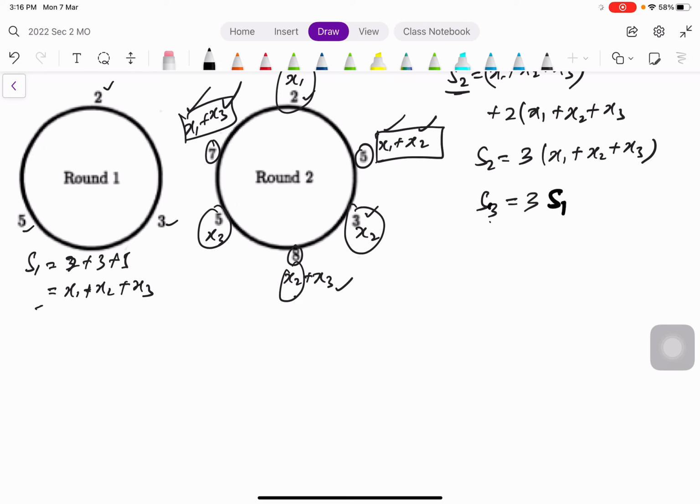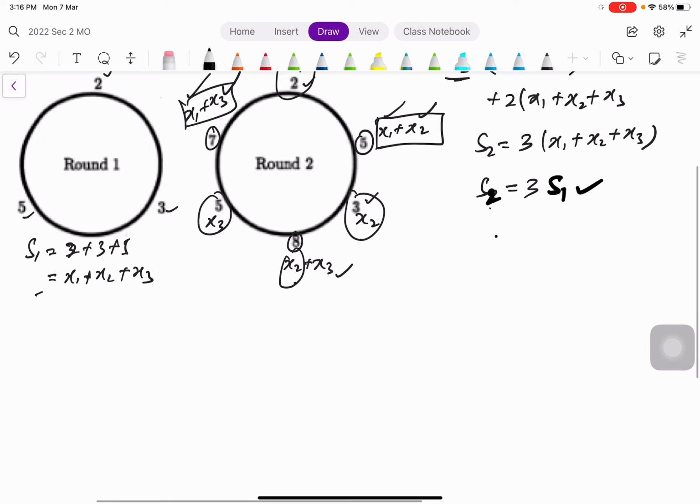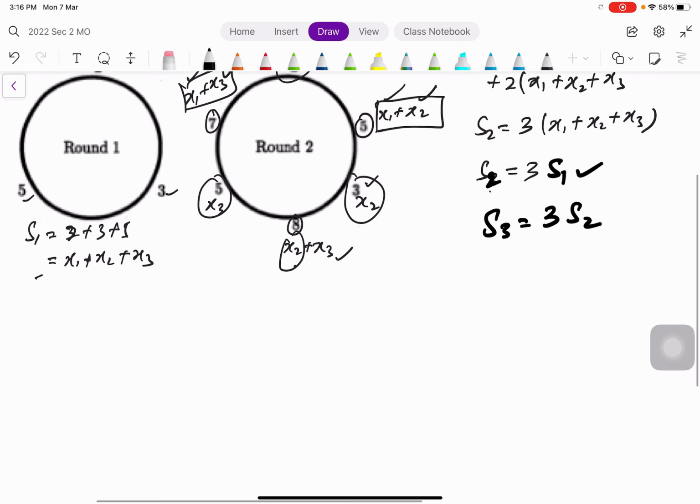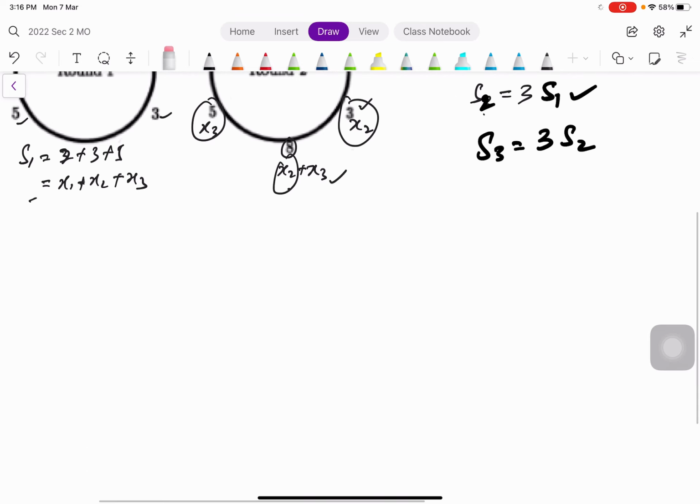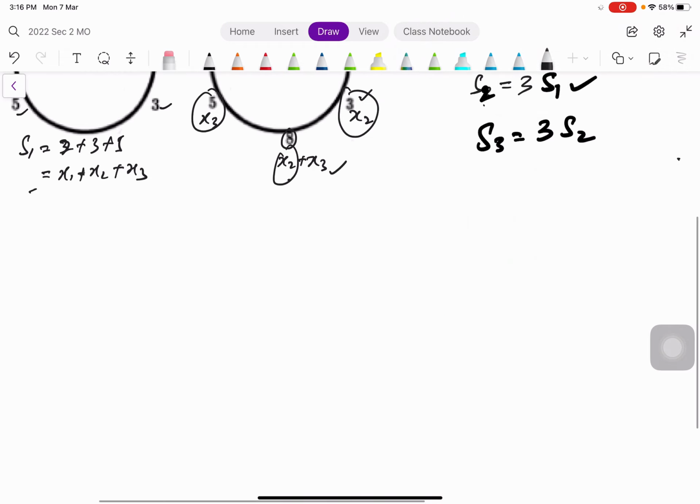S2 is actually 3 times S1. Therefore S3, if you go through this logic, is 3 times S2. Based on that, I can do a general case. That means the sum after R plus 1 rounds is actually 3 times the sum after R rounds.